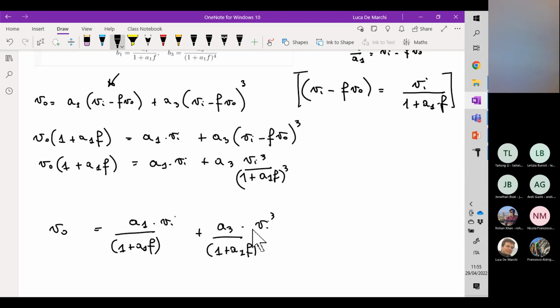The gain margin instead is defined as this ratio here, where omega 180 is the frequency in which the phase is equal to minus 180 degrees. Okay, so if the gain margin is smaller than 1, then we have instability by virtue of the Nyquist criterion.